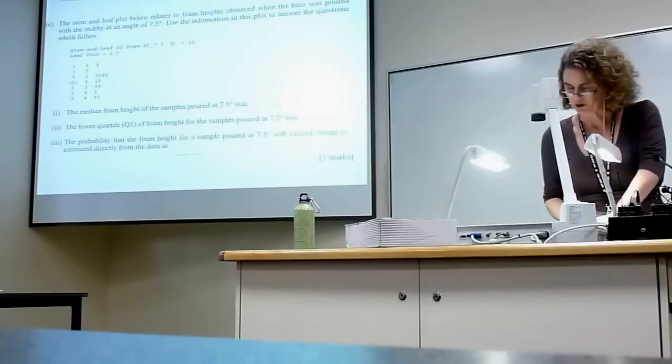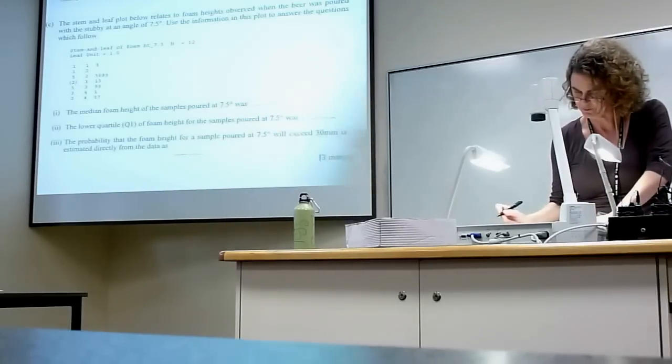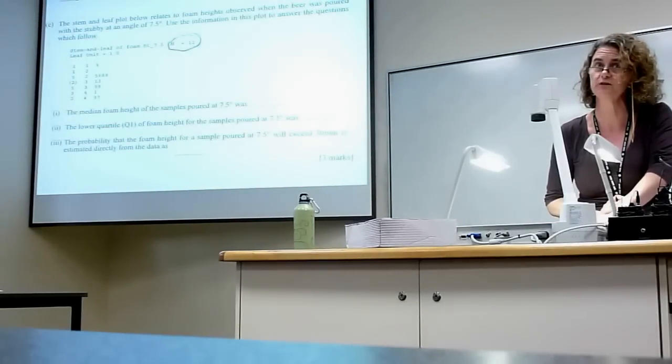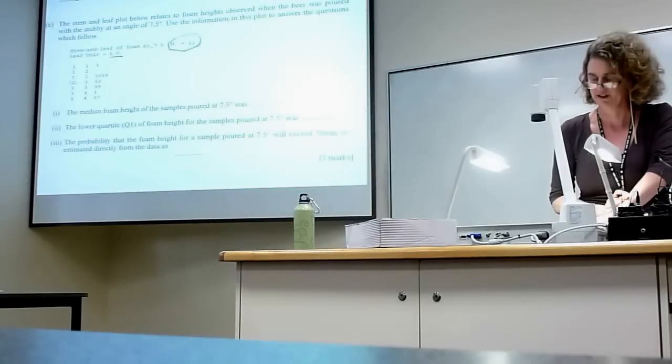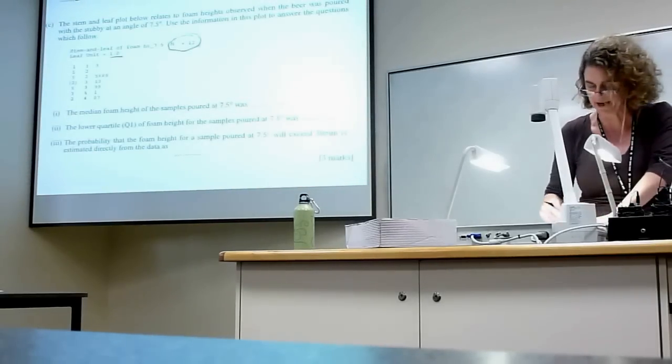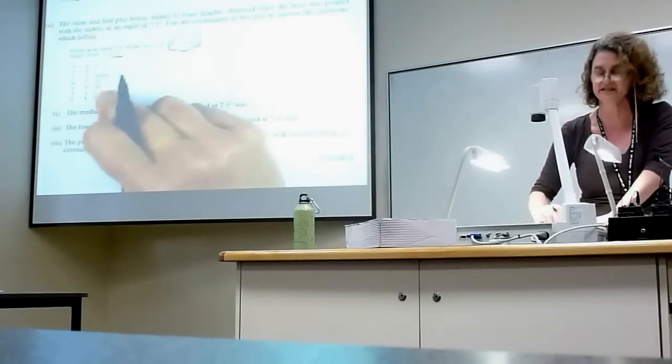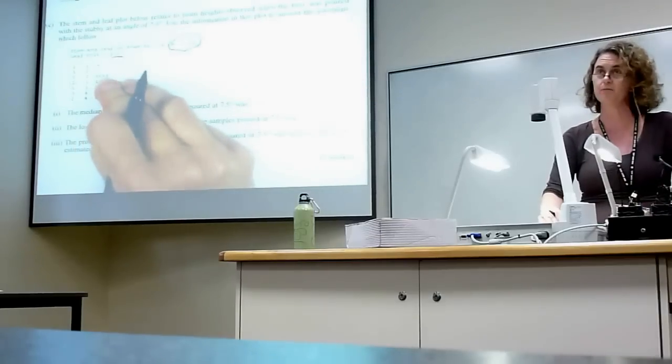Reading the stem and leaf plot. When we look at the stem and leaf plot, we need to take note of how many observations there were. 12 observations. We need to take note often of what the leaf unit is. Okay, so the leaf unit is 1. That's the size of these bits of the number.